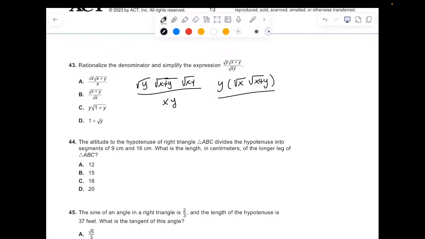Why am I struggling? Over xy. Distribute those on the inside, we can get y times x square root of 1 plus y.